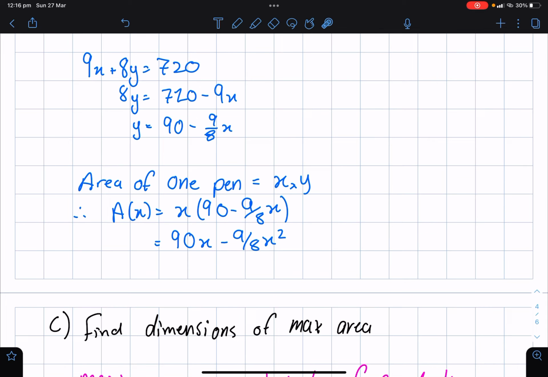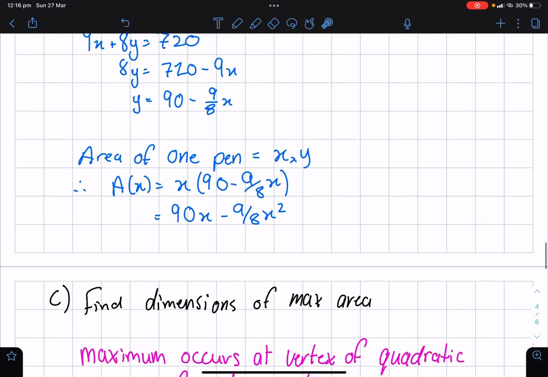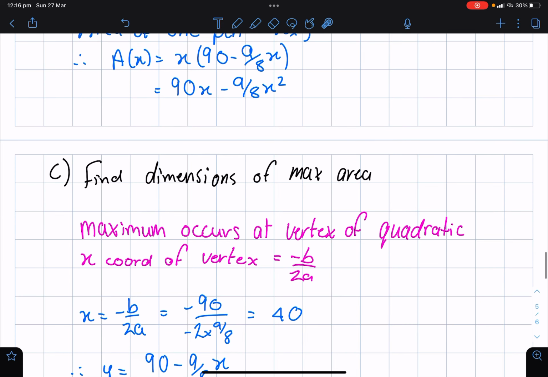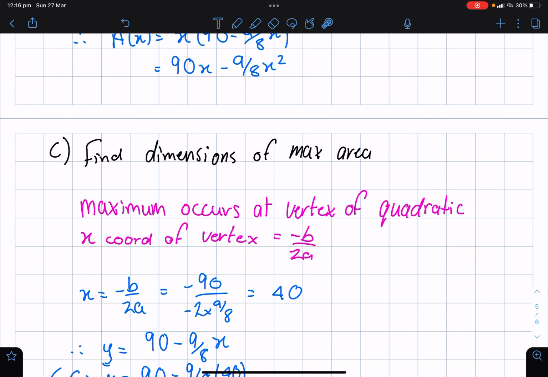So, find the dimensions of the max area. Maximum occurs at the vertex of the quadratic. The x coordinate of that vertex is -b on 2a. Substituting straight in our b value and our a value, you will find that x equals 40. Make sure you put this straight into your calculator, it makes life so much easier.